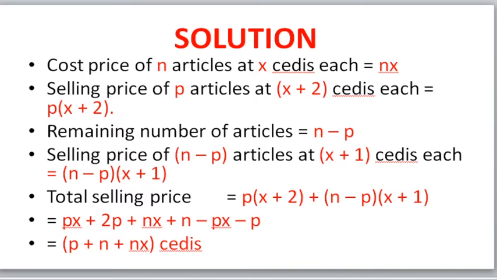Good. Now let's look at it. Before we go to the grouping, we have positive ps and we have minus ps. They cancel out. So when they cancel out, we will be having 2p plus ns plus n minus p.